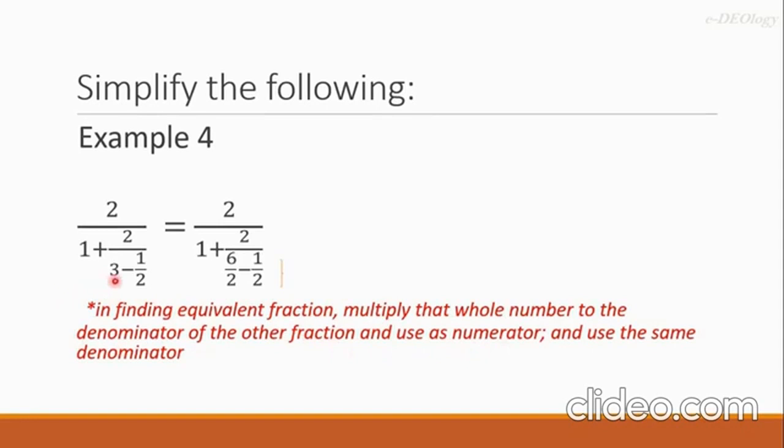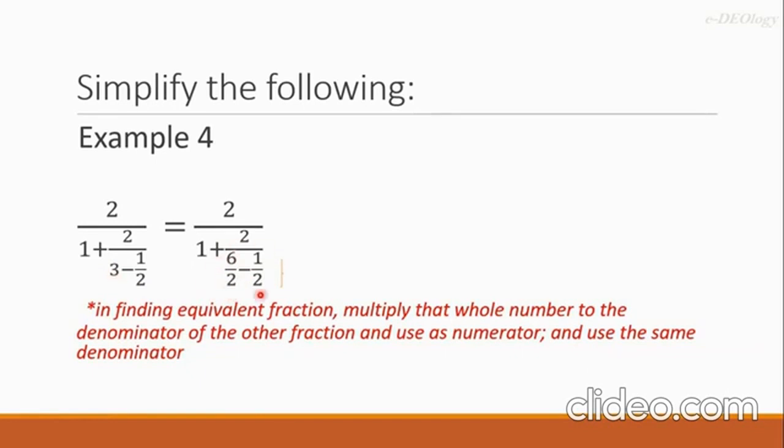So this is 3 times 2 is 6, and we use the same denominator 2. So 6 over 2 is the equivalent fraction for the whole number 3, and then minus the same 1/2. We can see the 6 over 2, if we simplify this, it will come back to that whole number 3.